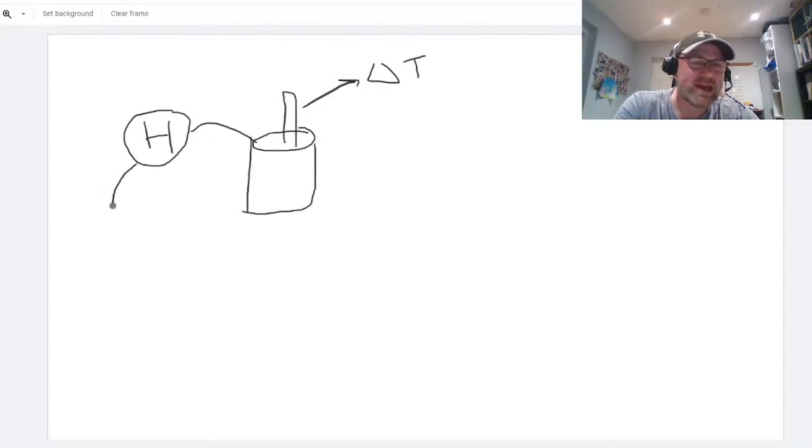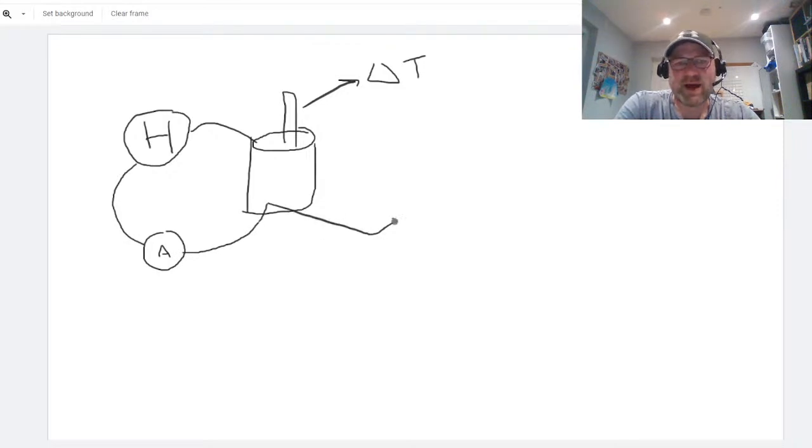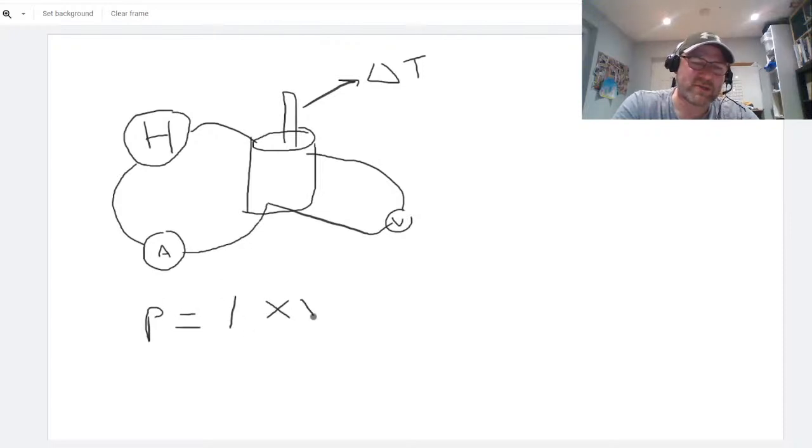But if you didn't have a joule meter, you would need an ammeter, and you could have a voltmeter. You don't have to draw it all out, but you could have a voltmeter, probably connected wherever. And power is current times voltage. This is in the CGP, but this version of doing it without the joule meter has never actually come up. So how would you calculate energy transferred?